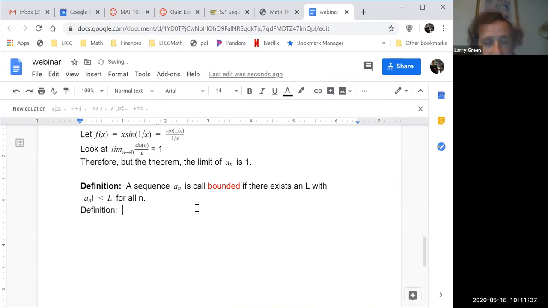Now the definition: a sequence is monotonic if it is either never decreasing, or it is never increasing.